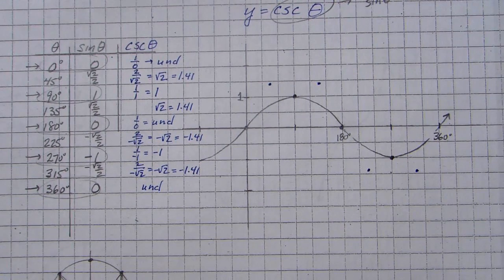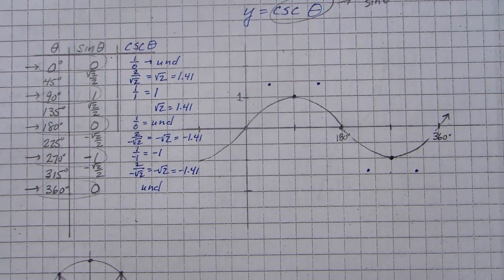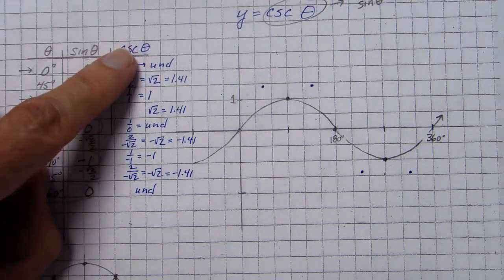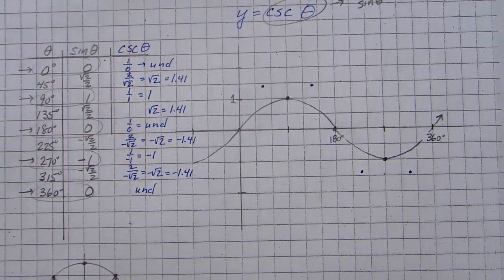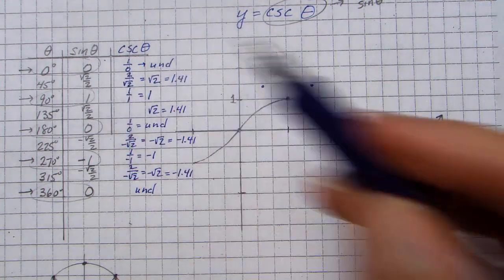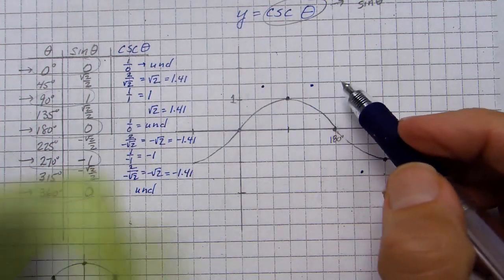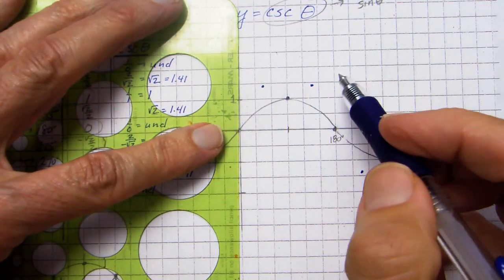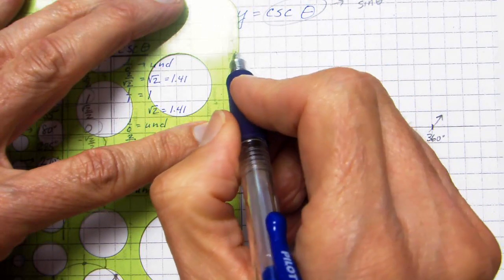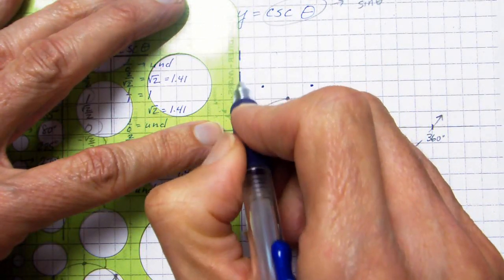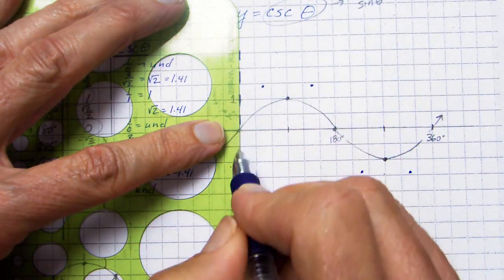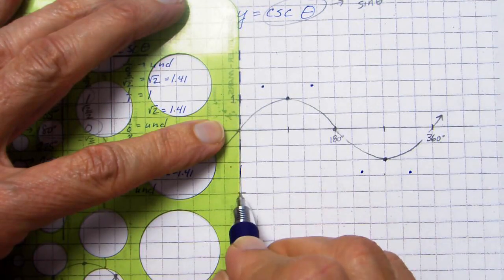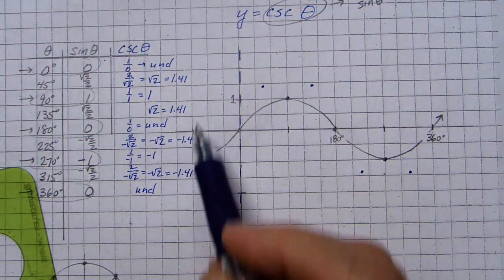And so now we've got to try and figure out what's going on here. Well, it turns out the undefined situations are really just going to be asymptotes. So at 0 degrees, where it's undefined, I'm going to put an asymptote right here. And where else was I undefined?